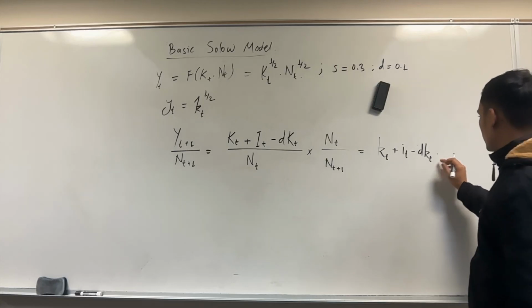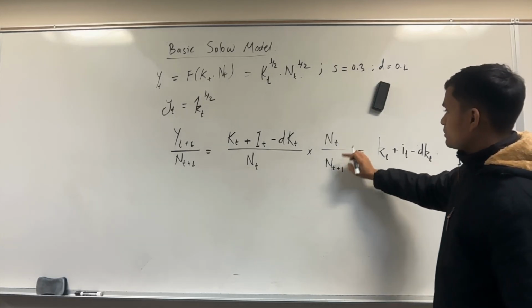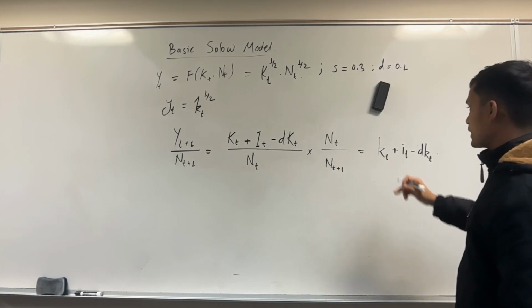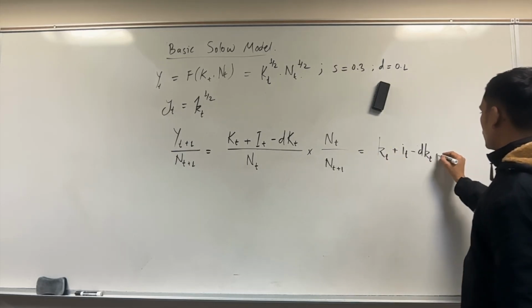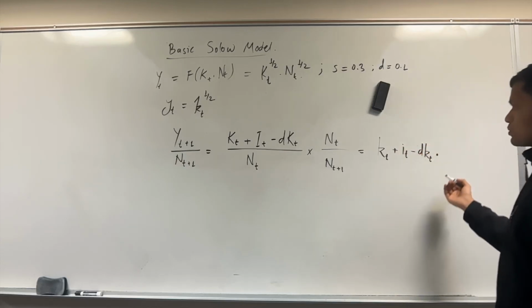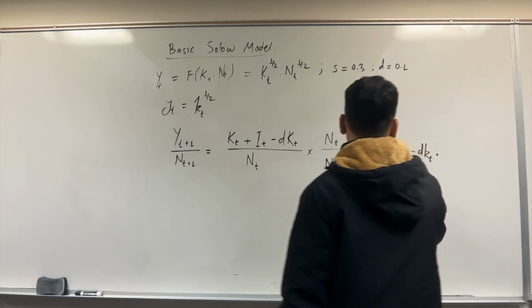So if both of them are the same, then it cancels out, and N_t over N_{t+1} is 1, which we don't write here.